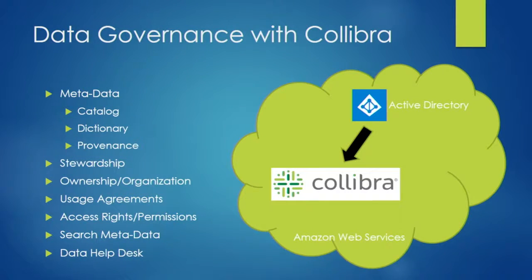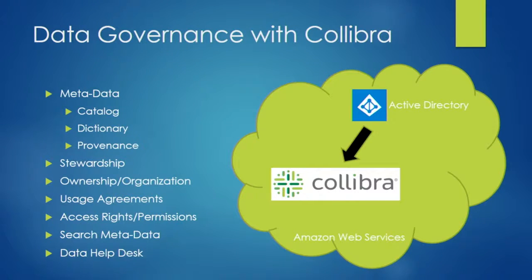Stewardship, so the data owners can manage their data and the meanings in the data dictionaries. It has the ability to represent arbitrary organizations, so we can represent the different business offices of the university, and there are different roles that can be represented in the organization, such as data steward and data owner.